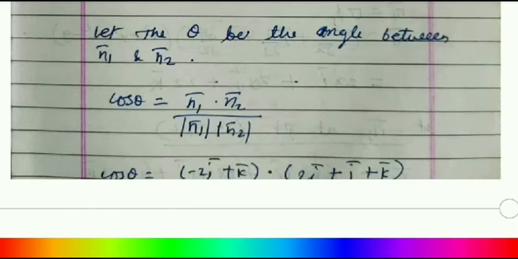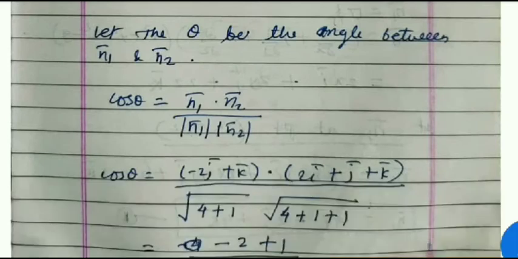So we know the angle formula: cos theta equals a bar dot b bar upon mod of a bar into mod of b bar. This is the general angle formula.